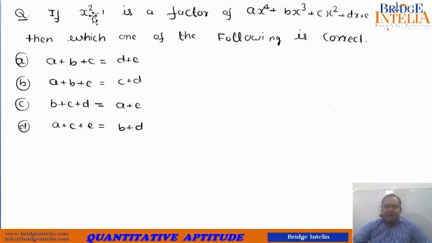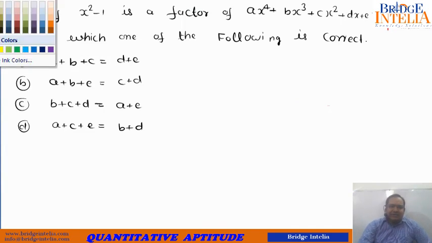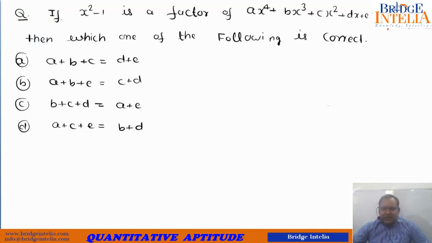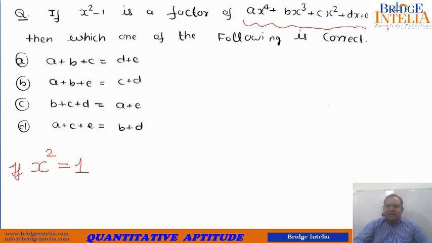So it is being simply said that instead of x square minus 1 being a factor, you can simply consider that if x square is equal to 1, and based on this you substitute the values of x in this given expression, it should come out to be equal to 0.